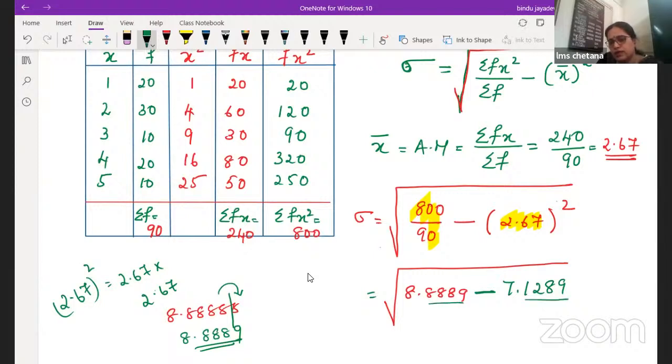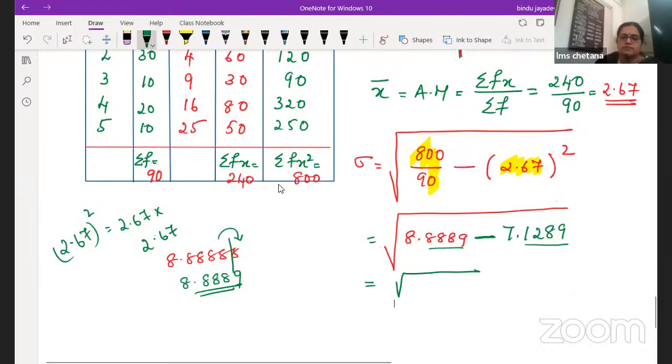Here also write 4 digits. Now subtract, inside the root. Yes, inside the root 1.76.